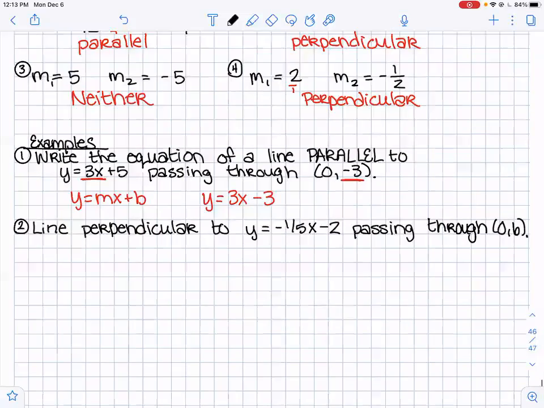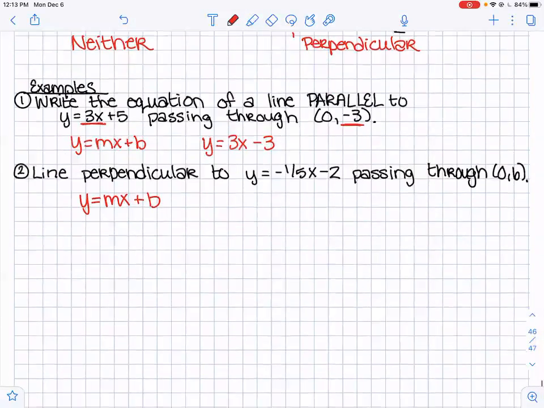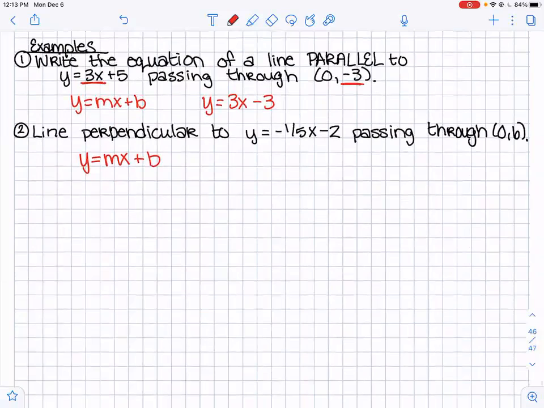So again, we can write it in slope-intercept form. So y equals mx plus b. Okay. Give me a second to write all this down. I know I wrote it kind of fast. What do we know about the slope of perpendicular lines? It's the opposite reciprocal.